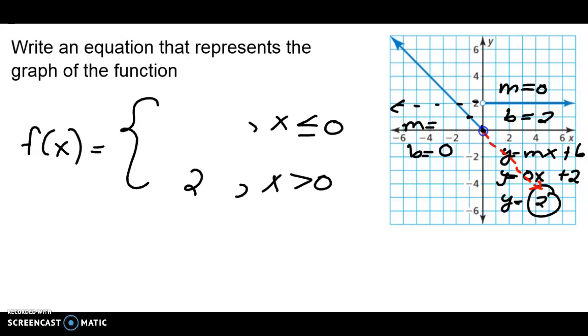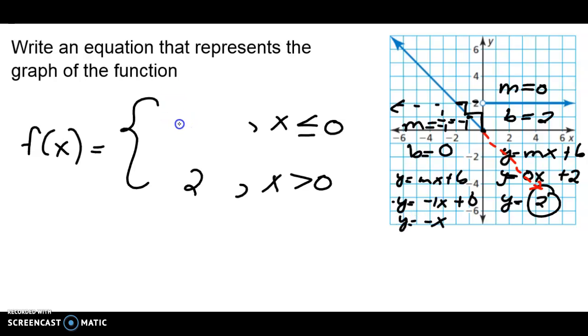So we go up one to the left one, up one to the left one. So the slope is 1 over -1 because we went to the left, so it's going to be -1. So when you write it down in y equals mx plus b form, it's going to be m is -1, x, your b is 0, so if you clean that up, you get y is equal to -x.